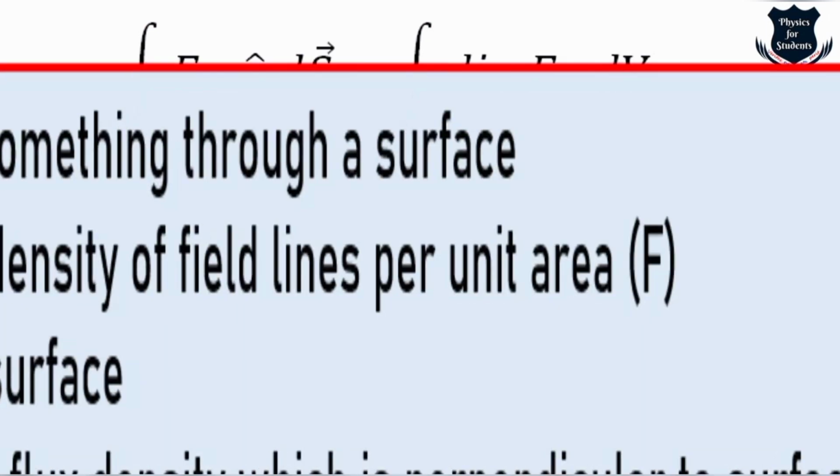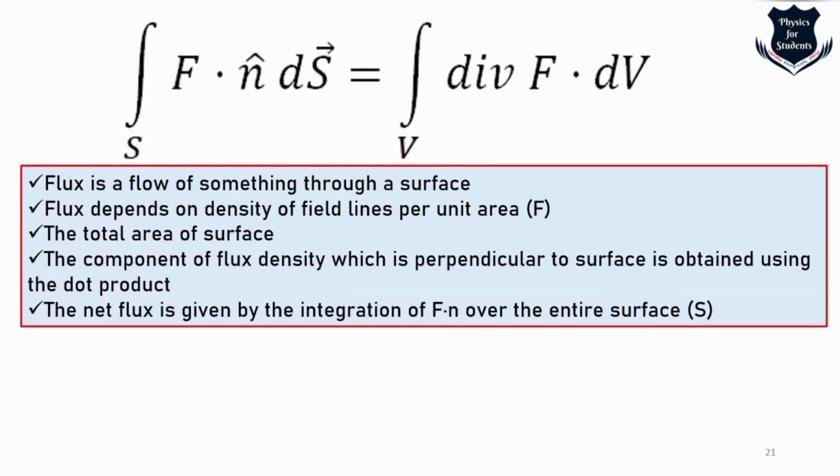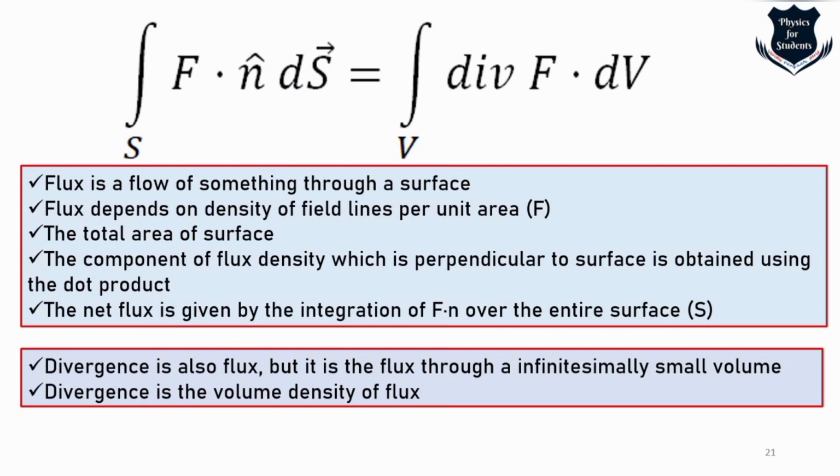Now this part also tells us that the flux is a flow of something through a surface. I am taking this reduced version with a single integral. Flux depends on density, obviously. It speaks about the total surface area and the components of flux density which are perpendicular. Only the perpendicular part, remember, is obtained by using the dot product, and the net flux is given by the integration of F dot n over the entire surface S. These are the important points related to flux.